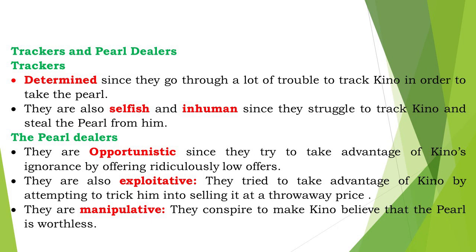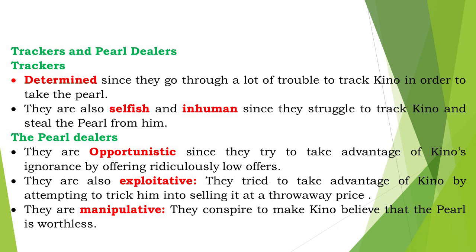The trackers are definitely determined to make sure that they track Kino and get the pearl. They are selfish and inhuman, since they struggle to track Kino, and not only to steal the pearl, but they actually end up killing Kino's son.